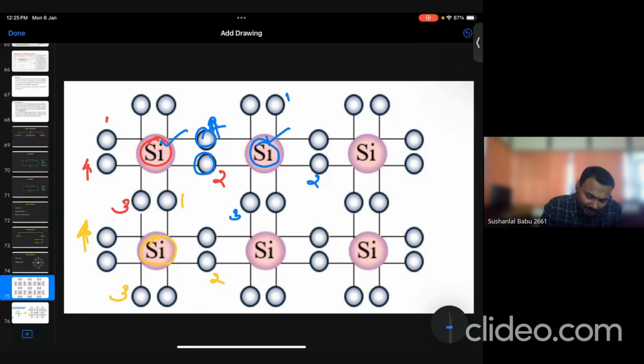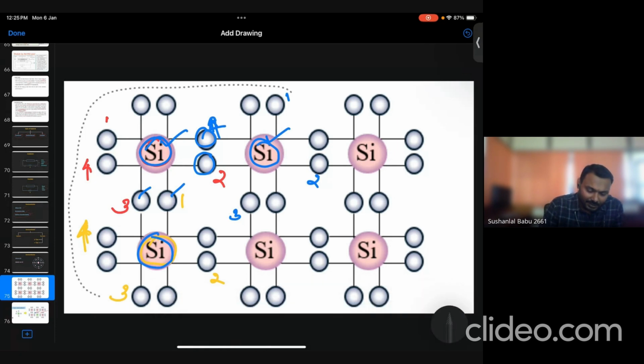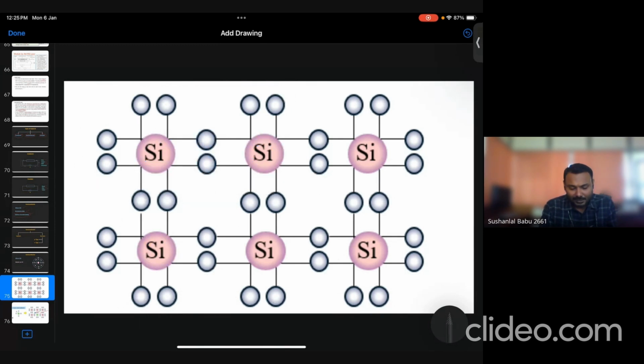and this silicon shares this one. So likewise, if you take another two here, through sharing of electrons, it is attaining the stable, stabilized condition.